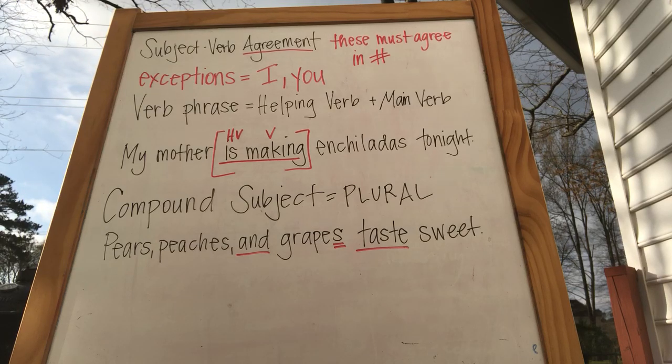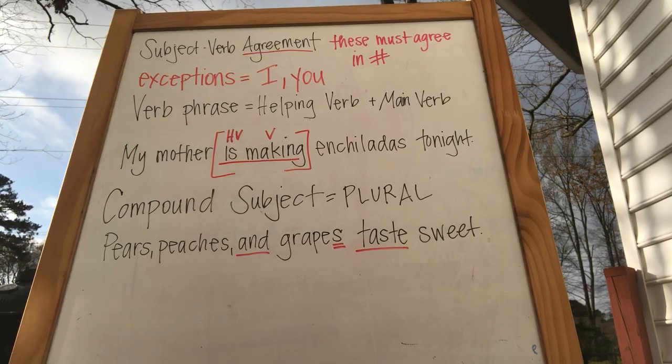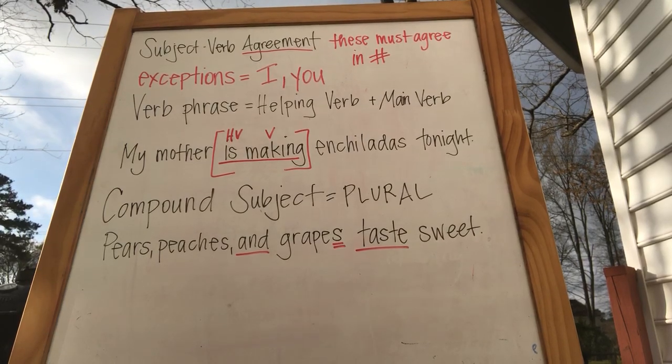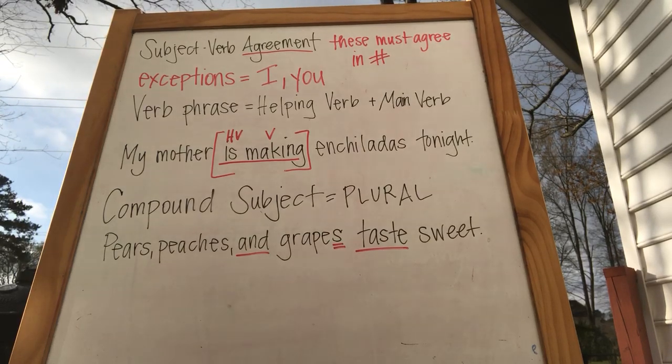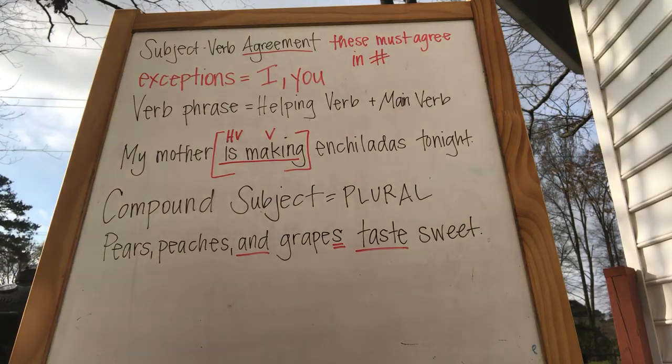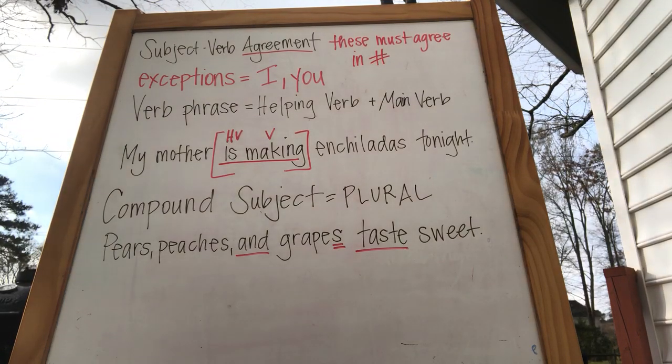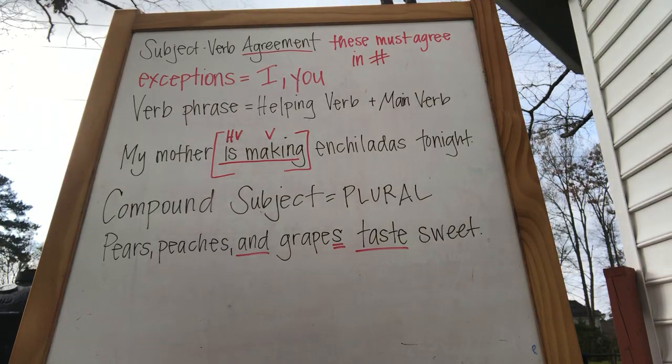If I'm talking about my mother making enchiladas tonight, I have to use a helping verb. I have to use is as my helping verb because my mother is singular, there's only one of her, and I can't say my mother making enchiladas tonight. That doesn't make sense. I can't say my mother makes enchiladas tonight. I have to say is making to show that future tense. Okay, and I hope that makes sense to you guys.